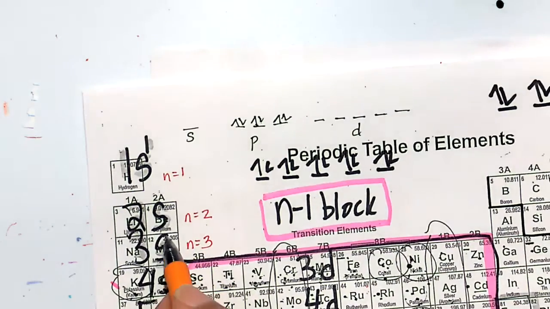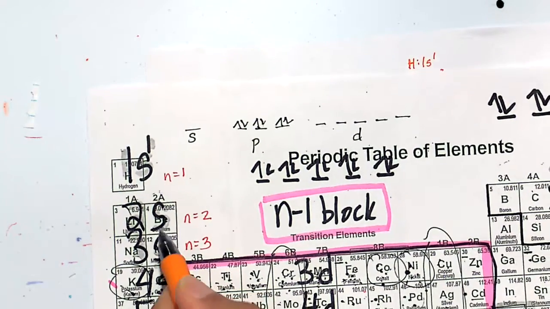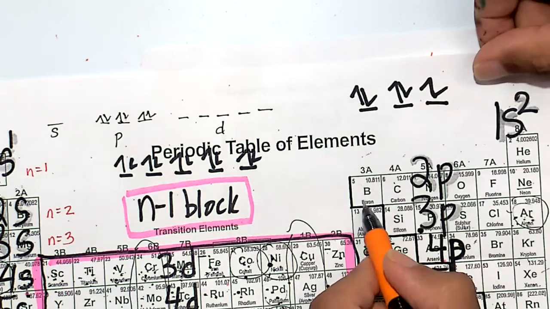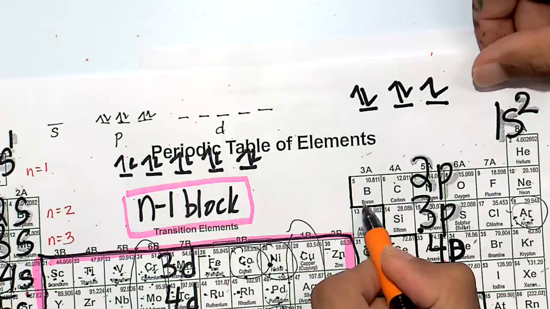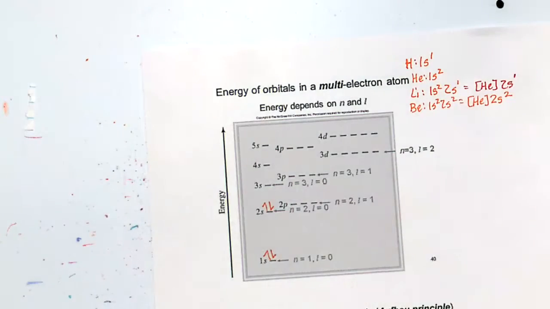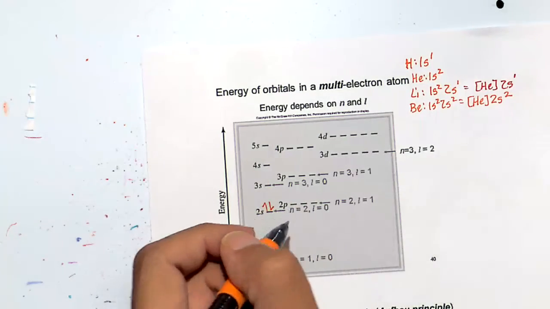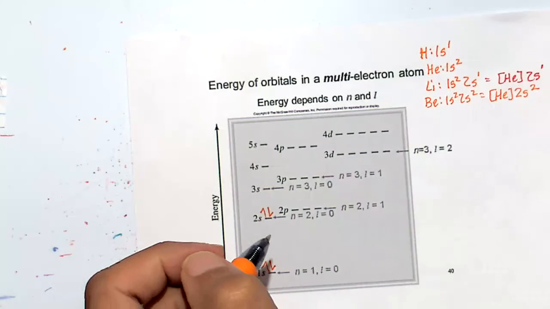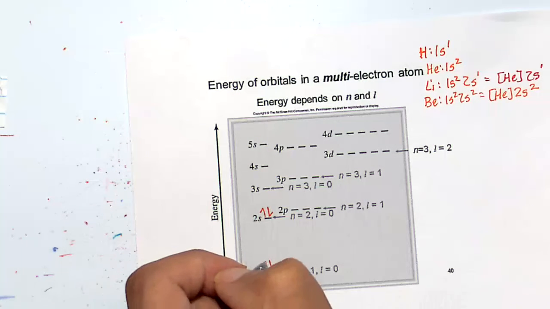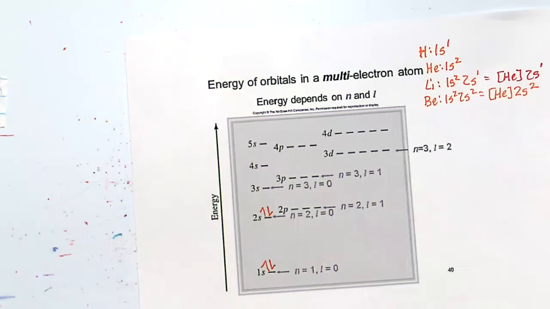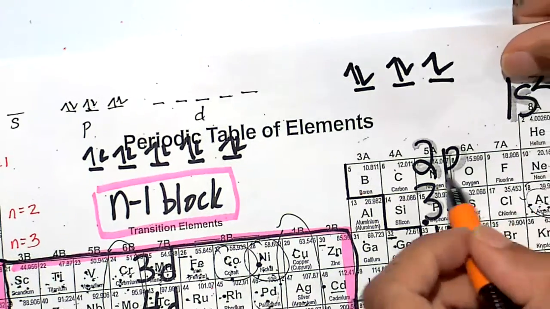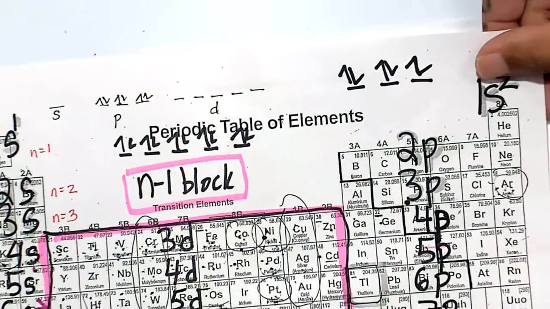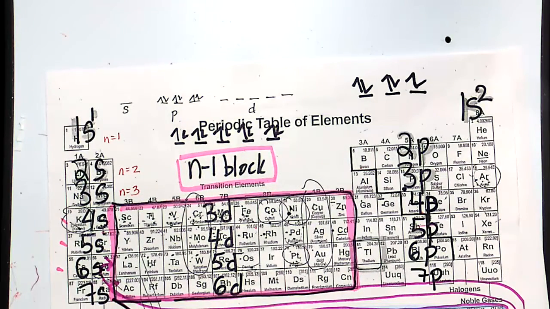From beryllium, we hop on over to boron. So where will that electron go for boron? Again, the order. After 1s, it goes to 2s. After 2s, where will it go? 2p.